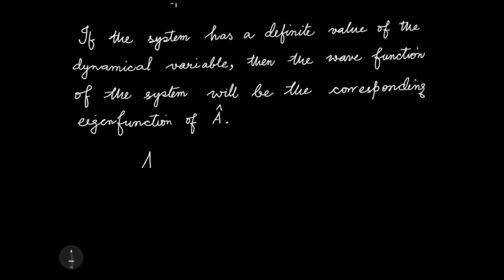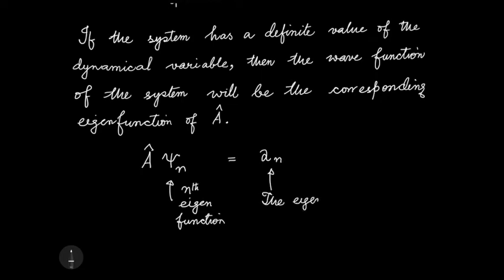So what will happen now? A operates on the eigenfunction psi n, this is the nth eigenfunction. Remember that one operator can have many eigenfunctions. And then what you get out of it is the definite value, the eigenvalue, the nth eigenvalue times the eigenfunction.